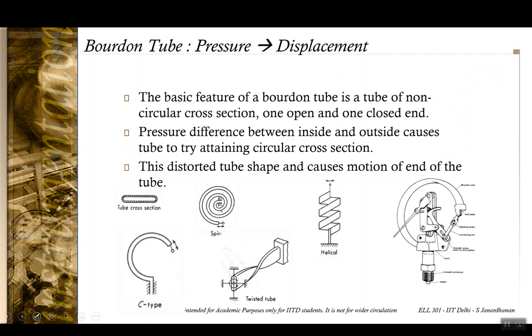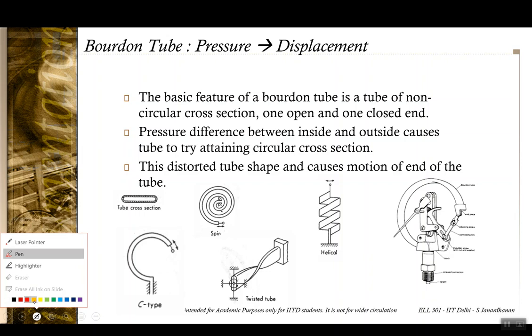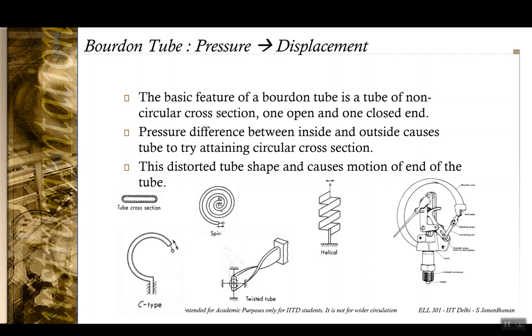So if a higher pressure is applied inside, the Bourdon tube tries to attain a more circular shape, and by doing so this tube will start to unravel.